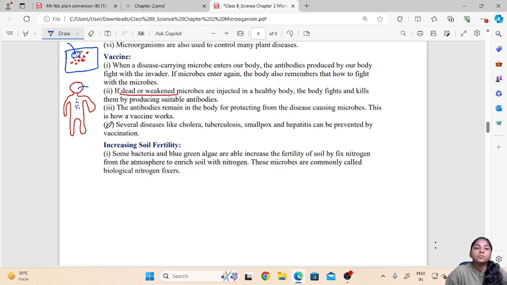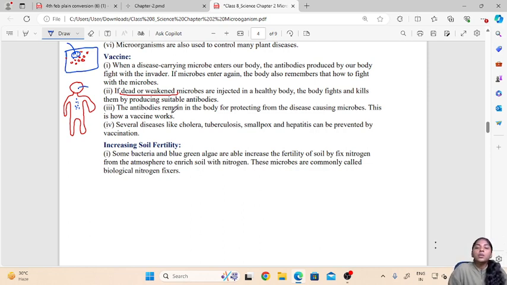Dead or weakened microbes which are disease causing are introduced in a healthy body. So when we are healthy, our body will produce antibodies which will easily kill these dead or weakened microbes, and this is how our body will learn to defend itself against the certain disease, and this is how vaccine works.